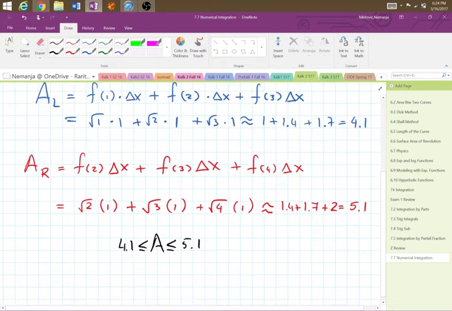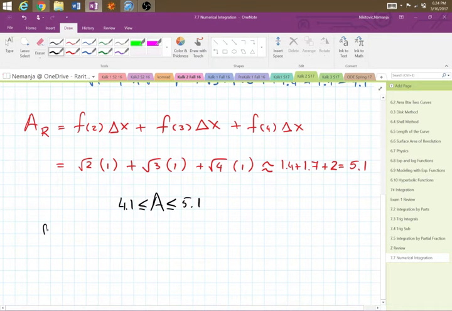Now we can check that luckily because we know how to compute this integral. So that's x to a half, right, square root, which is x to the 3 halves divided by 3 halves from 1 to 4.